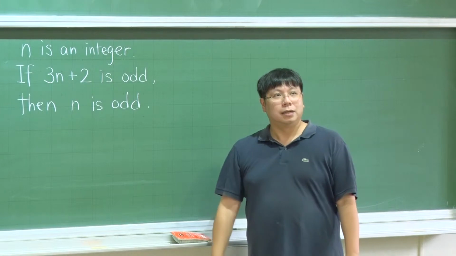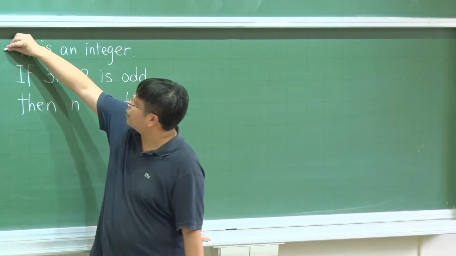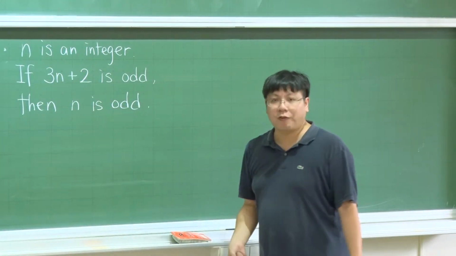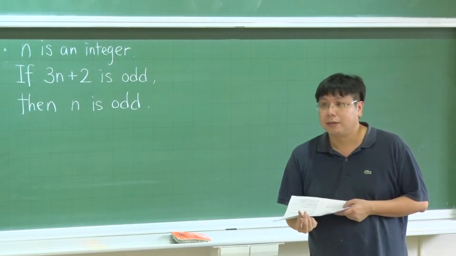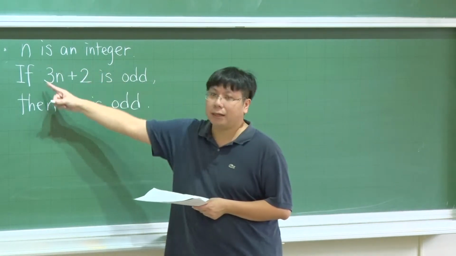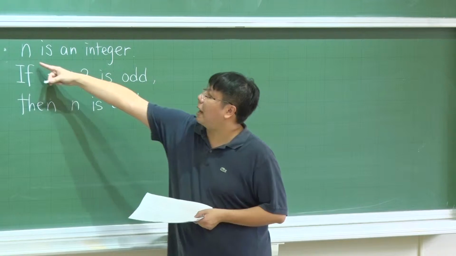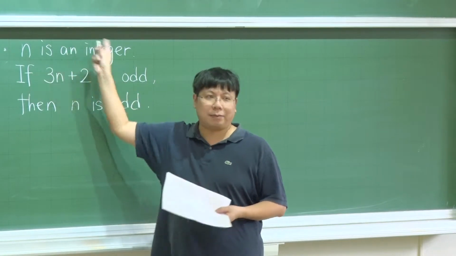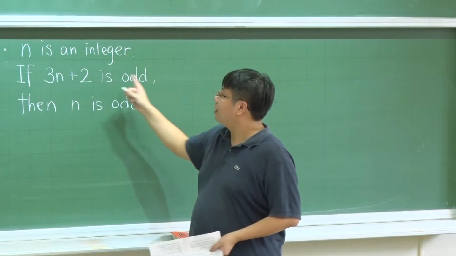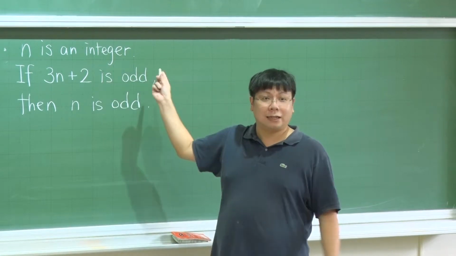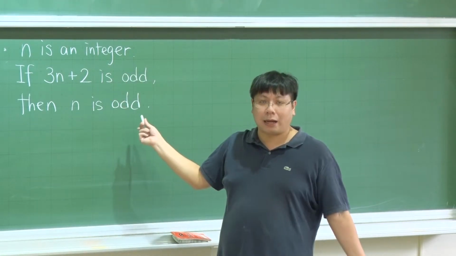Okay. Now it looks like this is still an argument of the form P implies Q. This is the P part, right? I'm just adding one more thing. This is not that relevant, so I can put this here. If 3n plus 2 is odd and n is an integer, then n is odd. So this is what I'm saying.